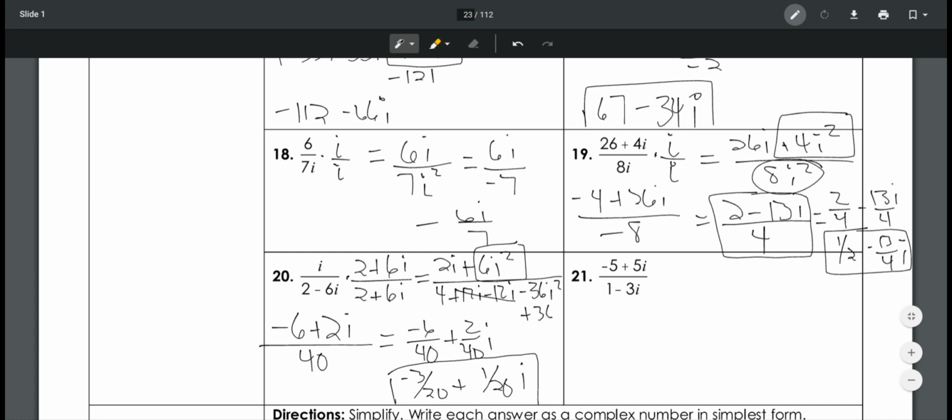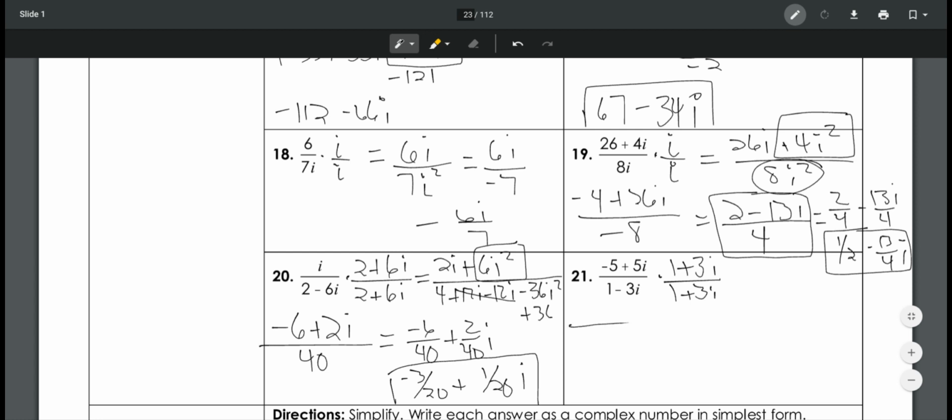Number 21 takes a little more time because when we multiply the numerator and the denominator by the complex conjugate of the denominator, we end up having to FOIL both the numerator and the denominator. Our numerator should end up as an a plus bi numerator, and our denominator will end up with just an a value.